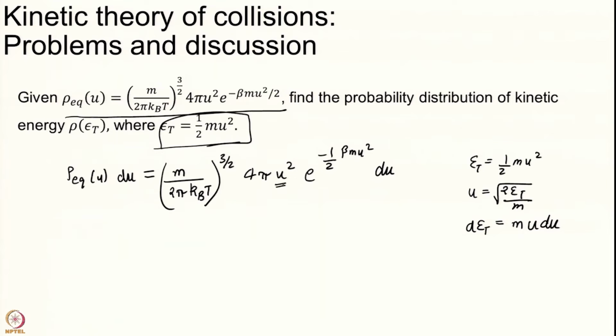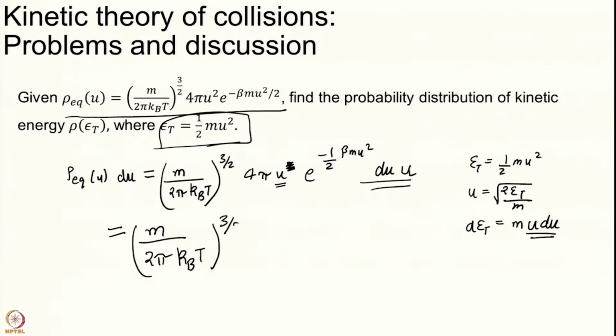I have a u square here. I will take one u and write it here. So, I get u into du, which I will use here. So, this I will write as m over 2 pi kBT to the power of 3/2 into 4 pi u.